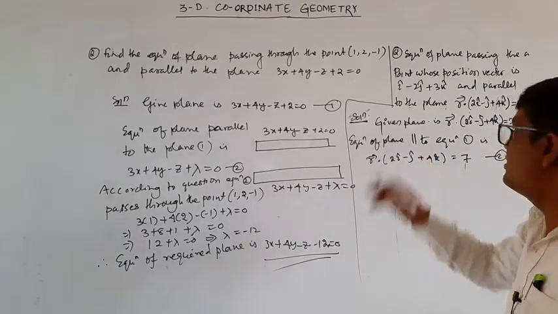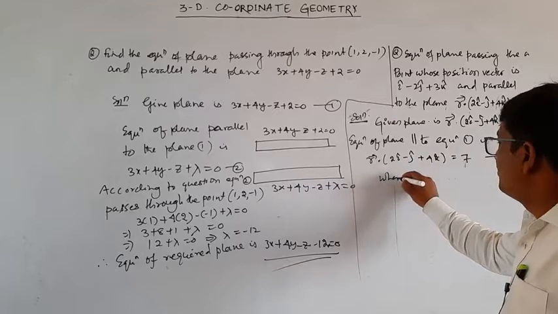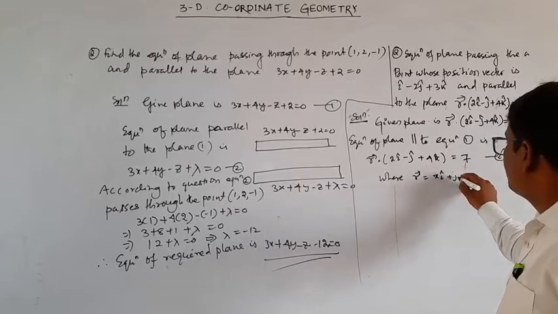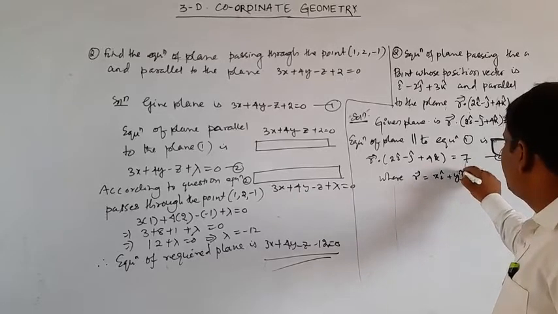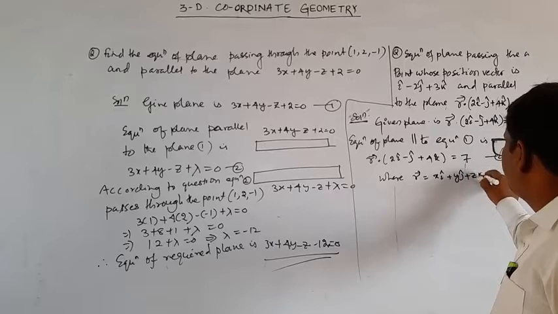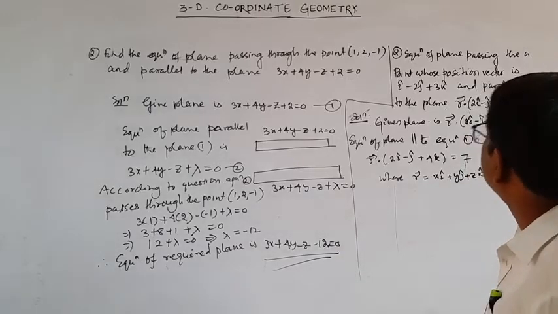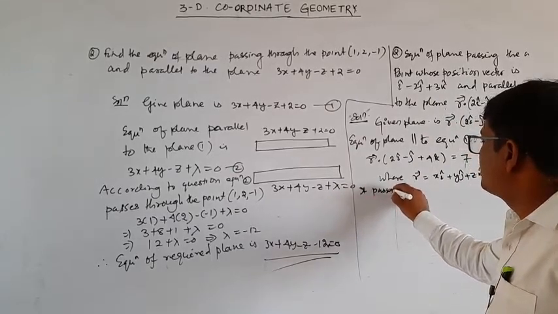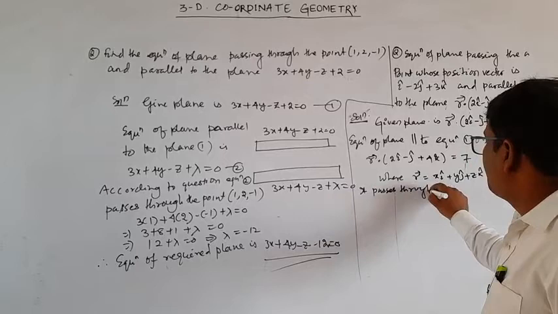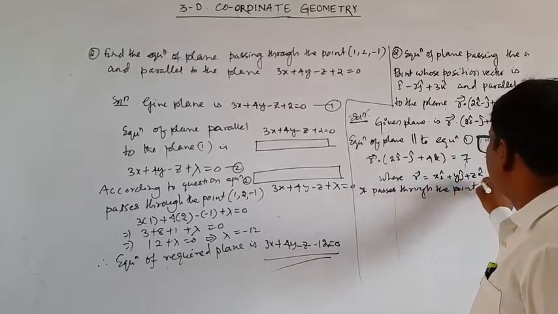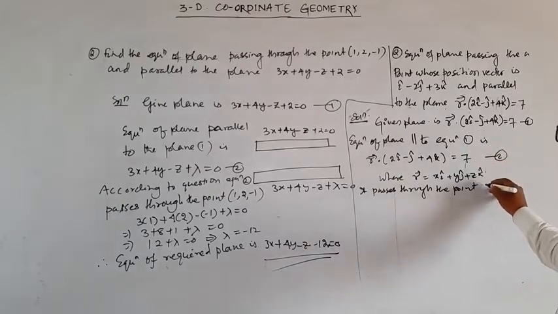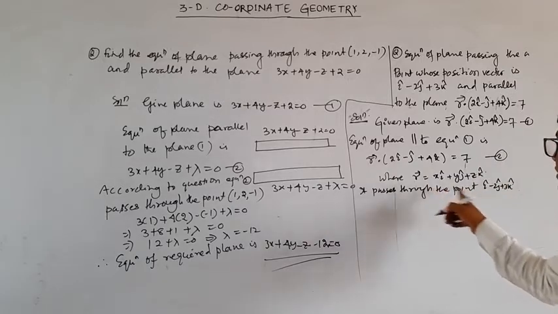Here r is the general point, where r = xi + yj + zk. It passes through the given point i - 2j + 3k.